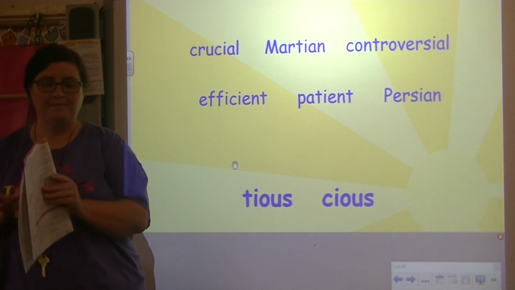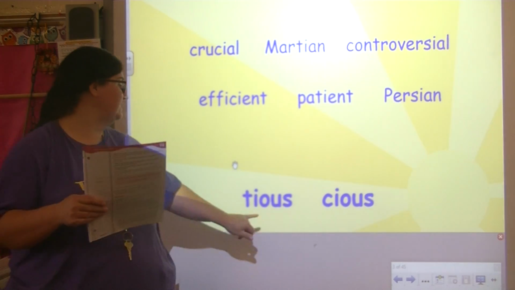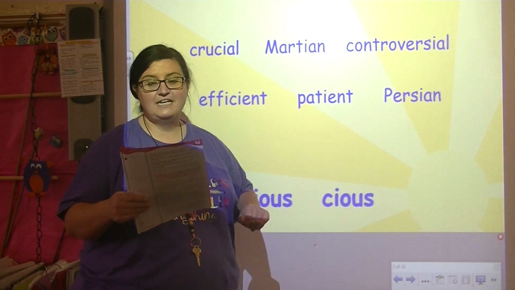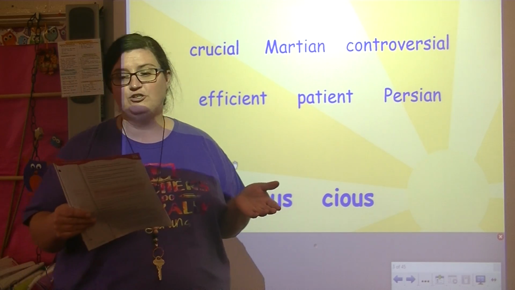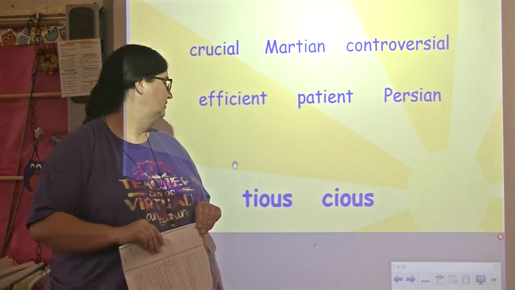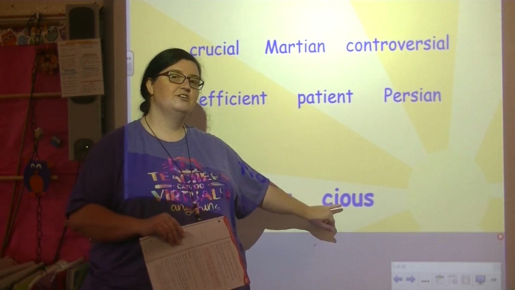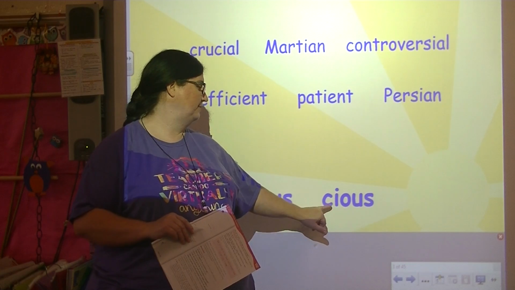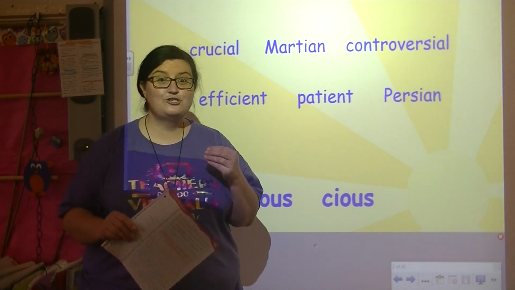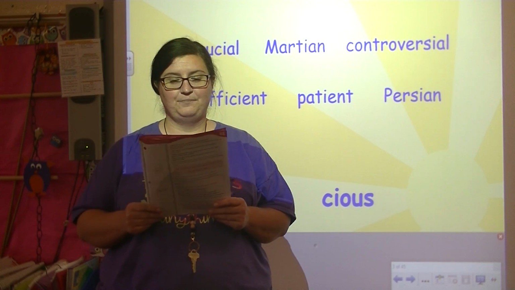We discovered that the letters T-I and C-I sometimes make an unusual sound. What sound is it making? Nutritious, delicious. What do you hear at the beginning? Shh, that's right. It's making the shh sound.